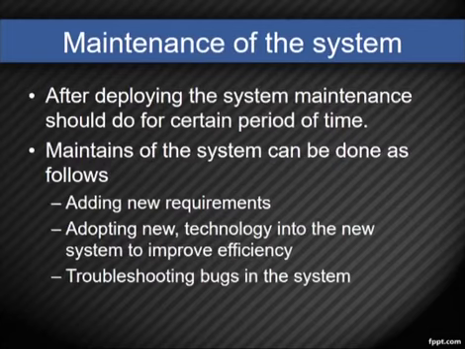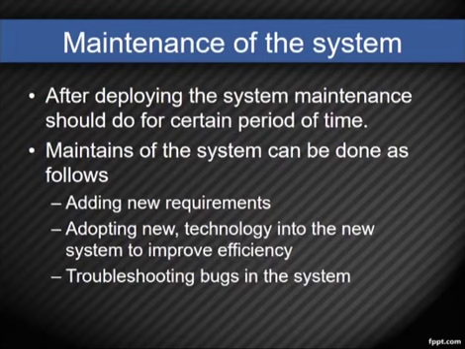Maintenance of the system. That is the last part of the software development life cycle. First, we gather the information, we gather the requirements, then we take the feasibility report, then we design the system, then we code the system, that is the physical output of the system.